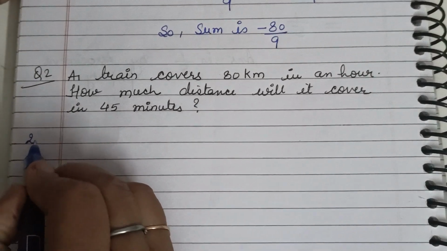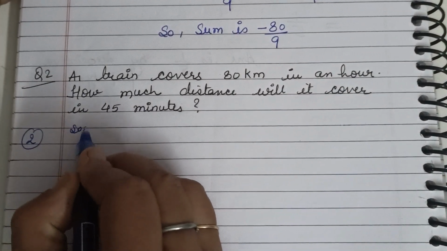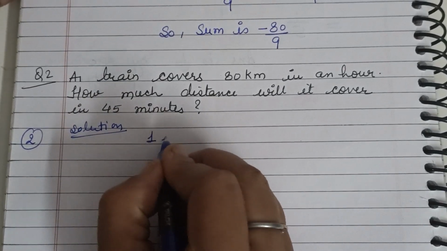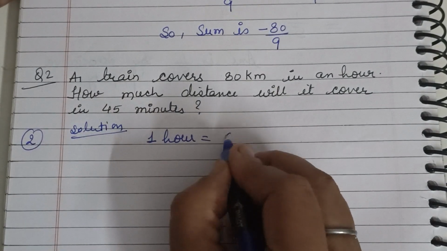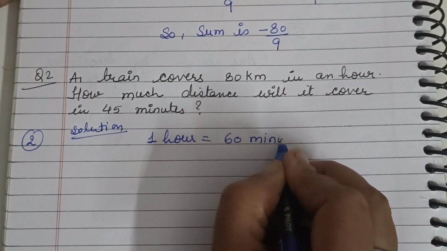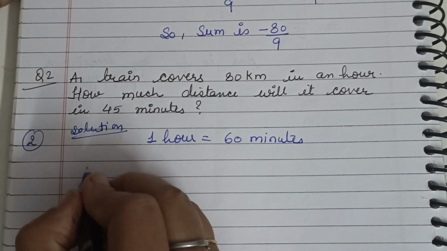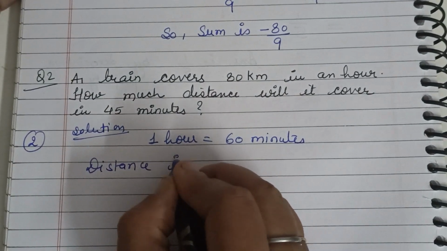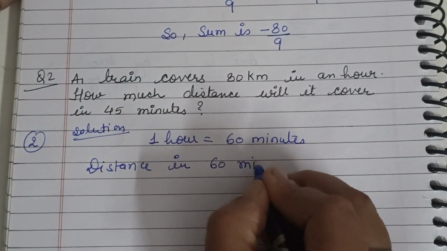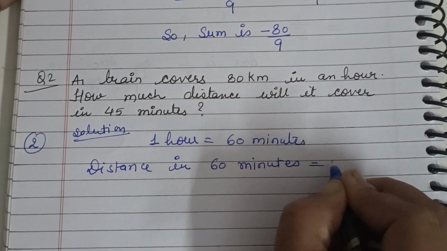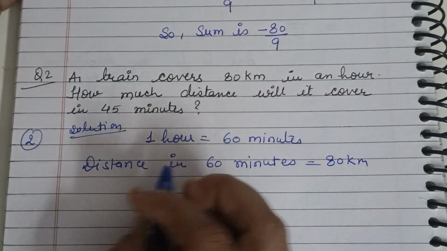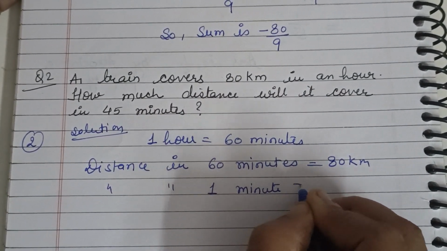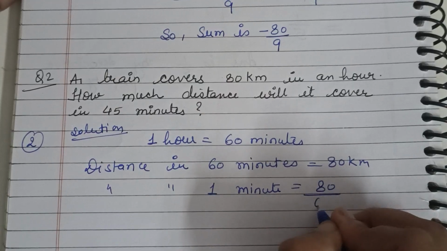So at first you should know how many minutes are in 1 hour. So we know 1 hour equals 60 minutes. So our first statement will be: distance in 60 minutes, how much? 80 kilometers. So distance in 1 minute is 80 upon 60.